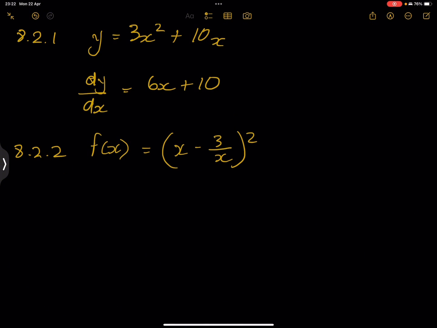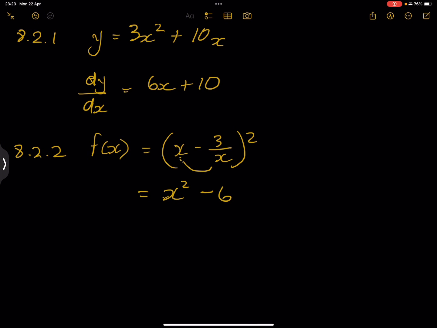So what do we do? We get rid of the bracket in this case, so we're going to expand. Okay, so this will be x squared, right? x times x. So x multiplied by negative 3 over x, that will give us minus 3 times 2, that will give us minus 6.